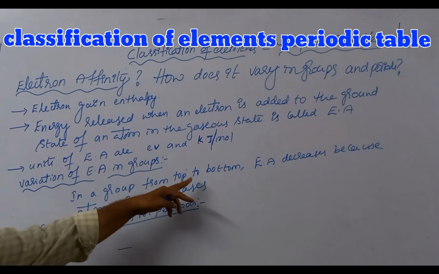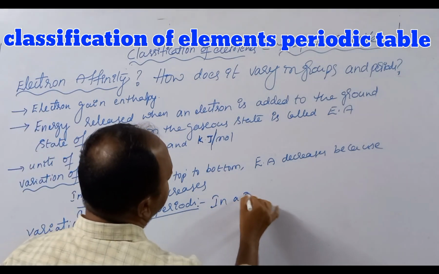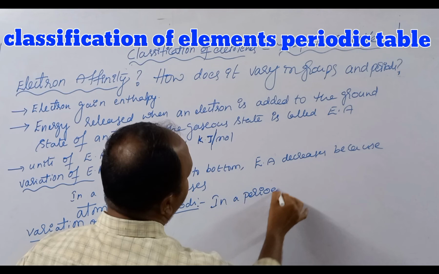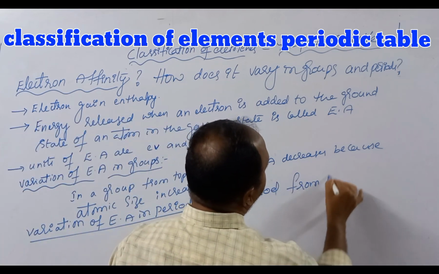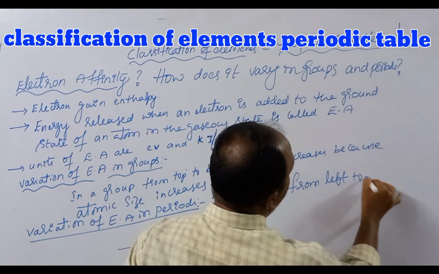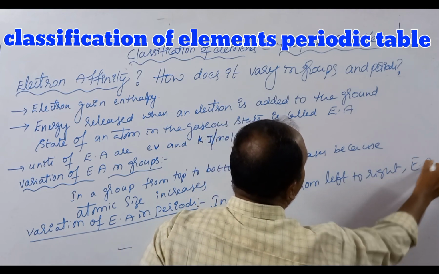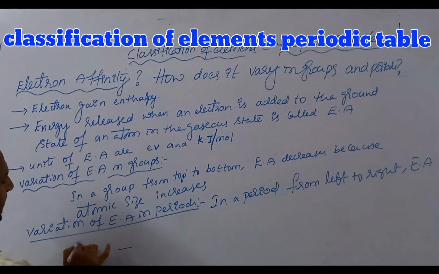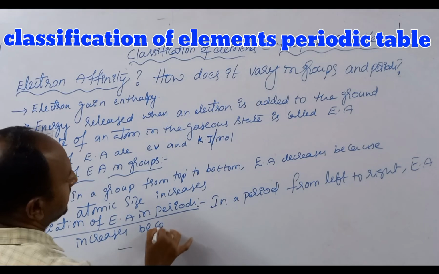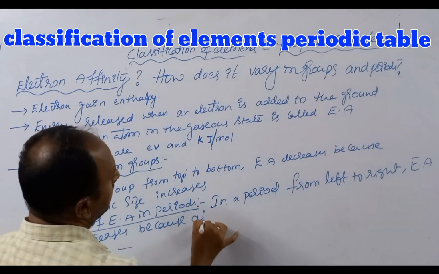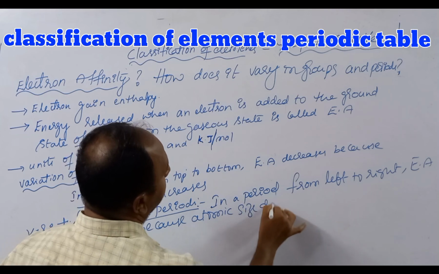But it is opposite to this in a period. In a period from left to right, electron affinity increases because atomic size decreases.